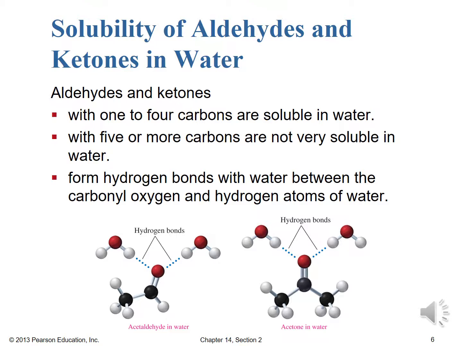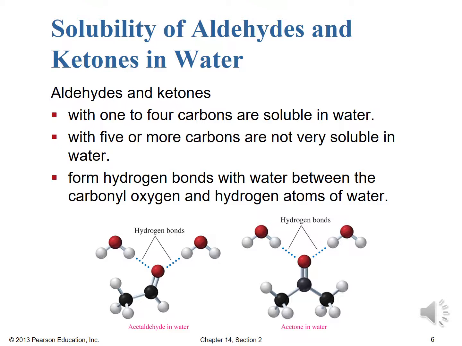However, when we get too many carbons, and it seems 5 or so is that magic number, we get a large enough nonpolar carbon group that we can't overcompensate with those hydrogen bonds, at least the fact that the aldehyde or ketone could be a hydrogen bond acceptor. It's not as significant as the fact that those nonpolar hydrocarbon groups want to be together.